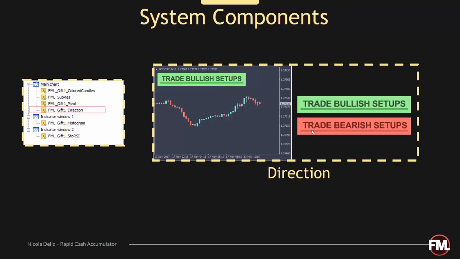And if the trend is down on the 4-hour time frame, we are going to trade bearish setups only. I still want to more or less force traders to trade in the direction of the trend, especially new ones, because I think that's one of the common mistakes a lot of people make: trading against the trend when you are a new trader.